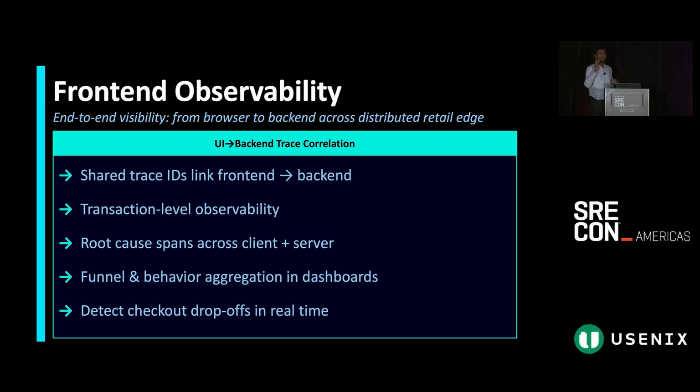Since you have Hotel instrumented at the UI, backend workload, all the way to the central location, could be on-prem or any of the cloud providers, that trace ID gets generated and is passed along all the way where all the spans get generated and it's all tied together. And in the central location, either Tempo or anywhere else, we can completely see the transaction along with all the spans. That includes the client and server side, and that is useful if you have all the data in one place.